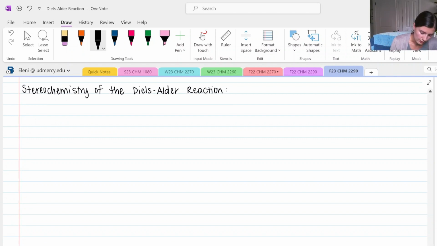And let's do a Diels-Alder reaction where we have 2-methyl-1,3-butadiene as our diene.